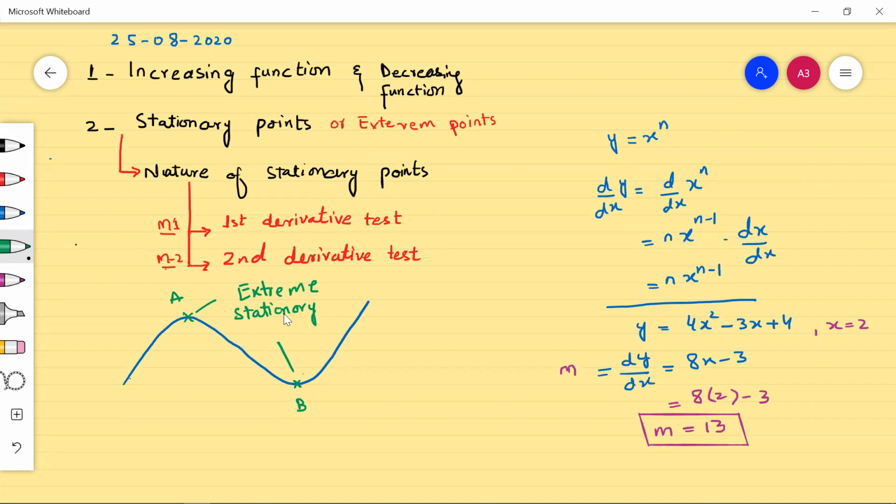These are called stationary points or extreme points, either maximum or minimum. If you look at this, before this maximum point, the function was going upward, upward, upward, up to this point. So for this, the function is increasing.